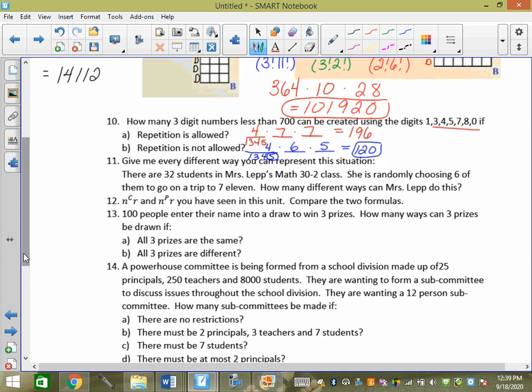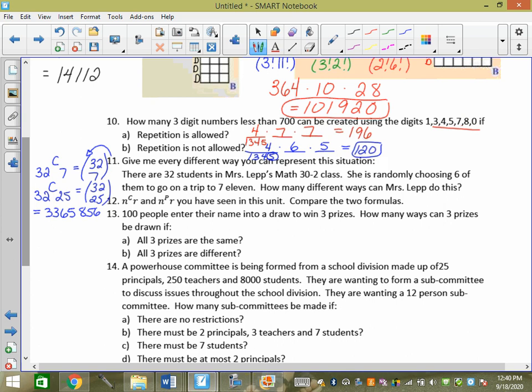So she isn't giving them jobs, so I can do 32C7, or remember, I can subtract them, so I can go 32C(32 minus 7), which is 32C25. 32C7 is 3,365,856. So that's for number 11.